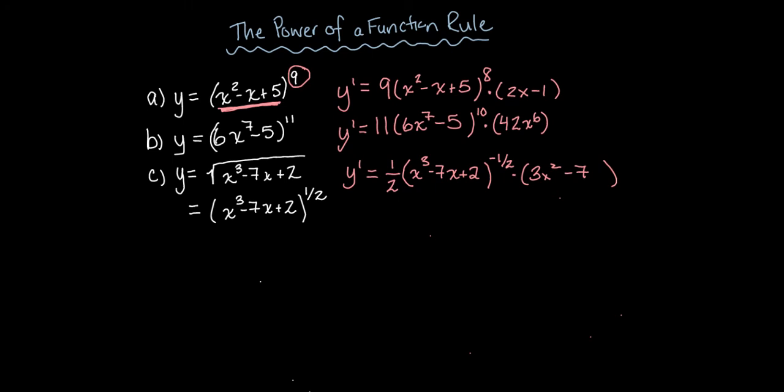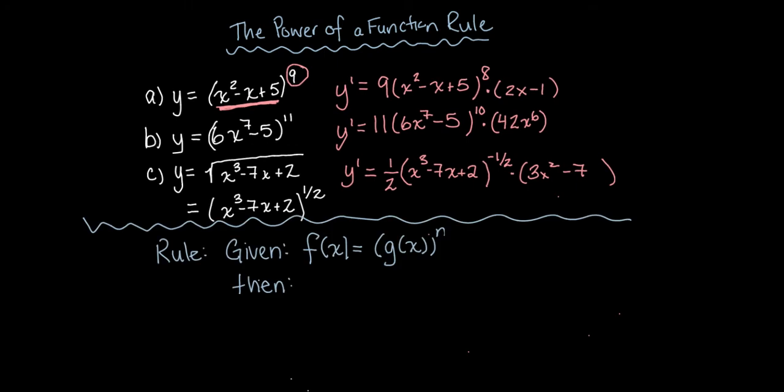So just be careful. We take the coefficient to the front, we rewrite the inside part just the way it was, and we subtract 1 from the original exponent, and then we multiply it by the derivative of the inside part. So if we wanted to write that as a general rule, it would look like this. You'll notice that we have the original function being g at x to the power of n.